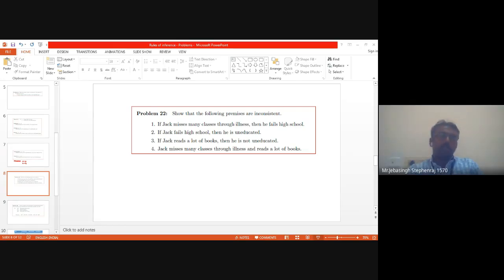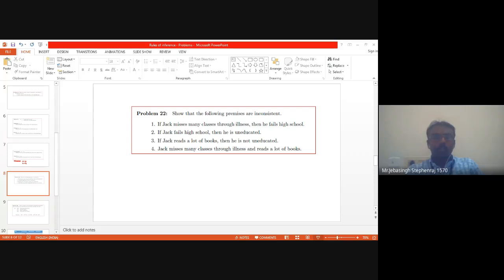The first one is a conditional statement. Actually, the first three statements start with the word if, so these three are conditional statements. The second statement is: if Jack fails high school, then he is uneducated. Clearly this is a conditional statement. The third one is: if Jack reads a lot of books, then he is not uneducated. The fourth one: what is the connector used here?